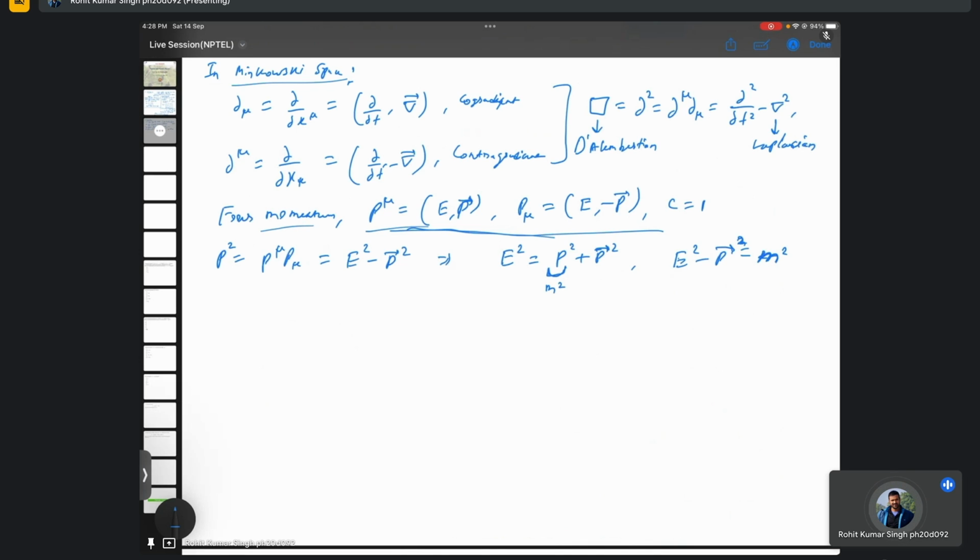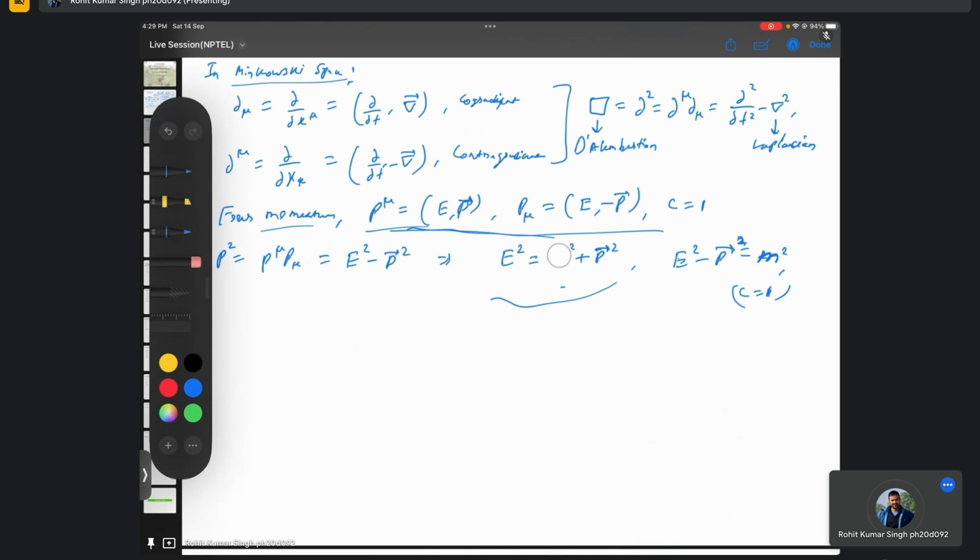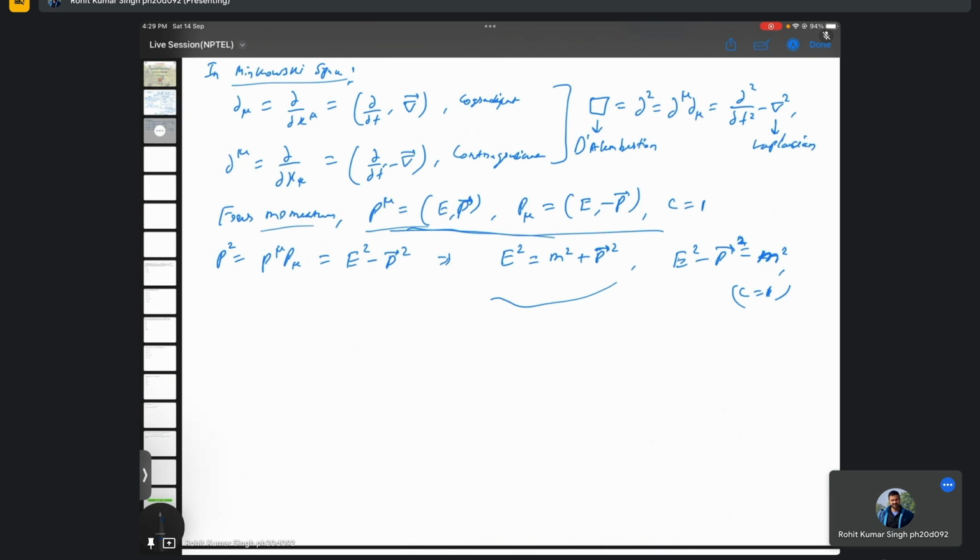Again we have assumed that c is equal to 1. So this is the Einstein relation for a free particle, right? Let me just write it.